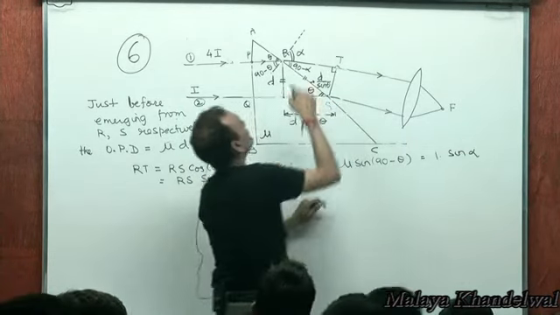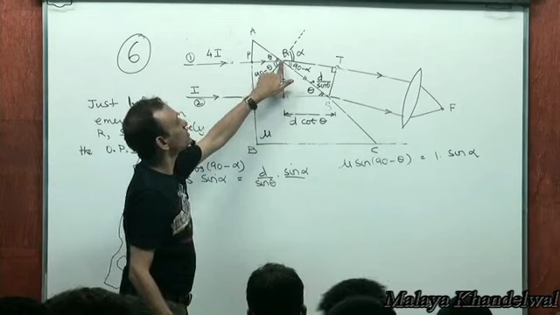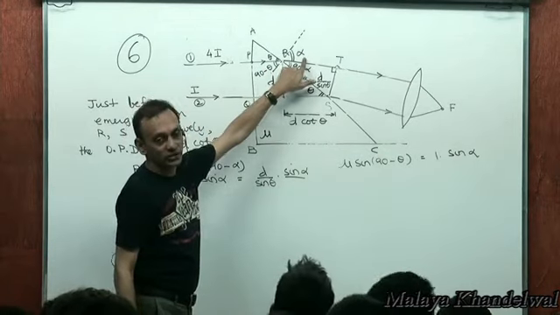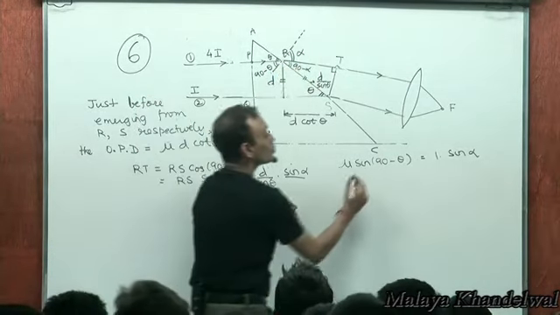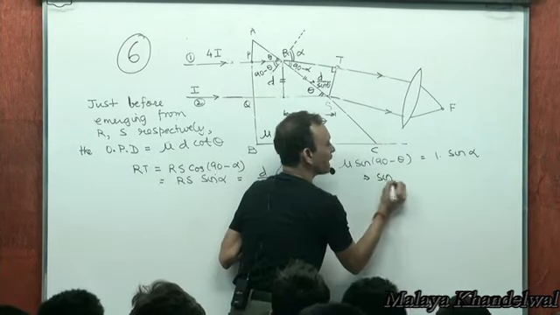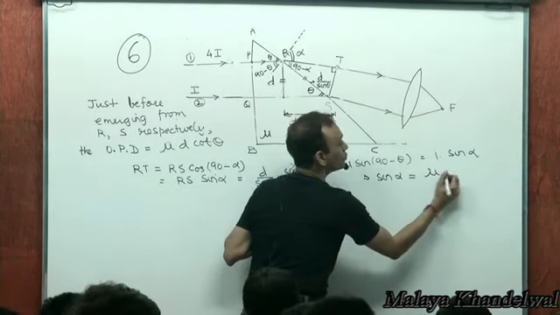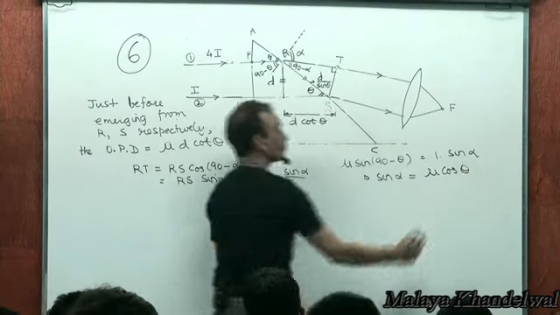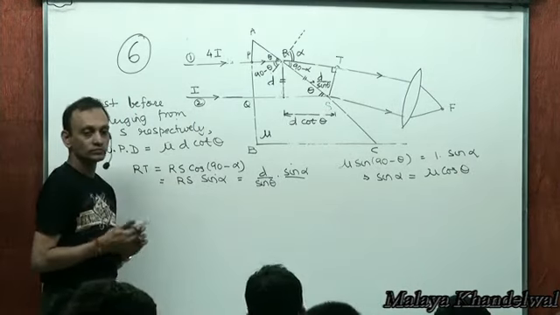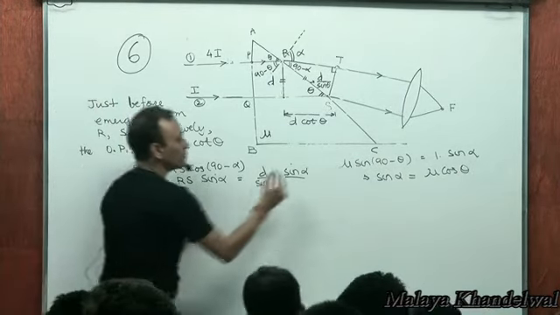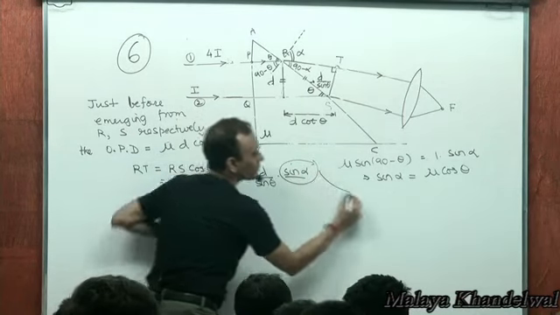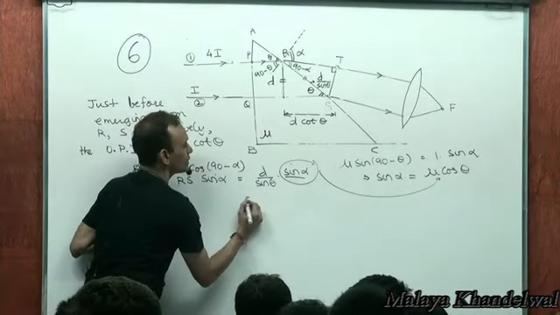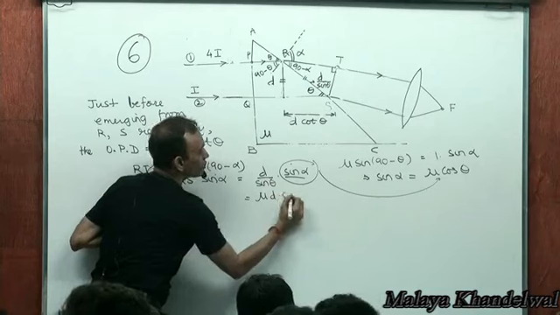Mu into the sine of the angle of incidence is 1 into sine alpha. That gives sine alpha equal to mu cos theta. If I plug in sine alpha equal to mu cos theta here, then I get mu d cot theta.